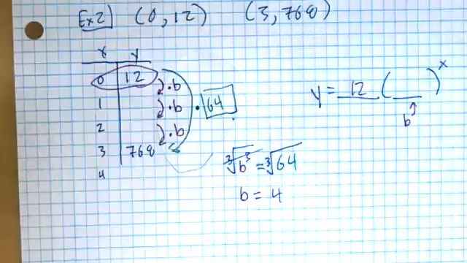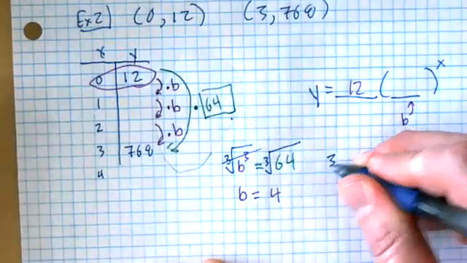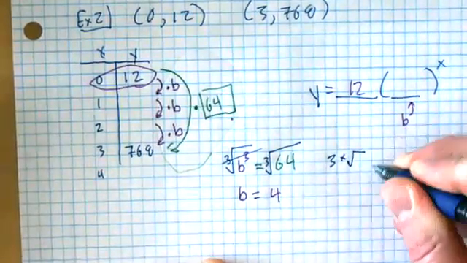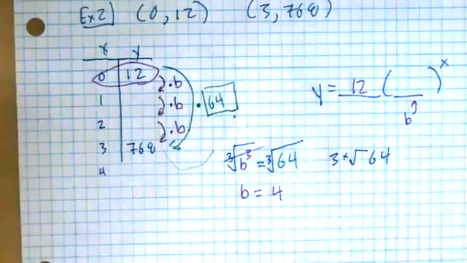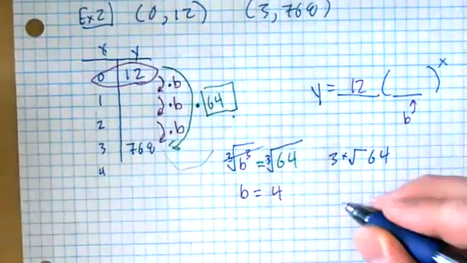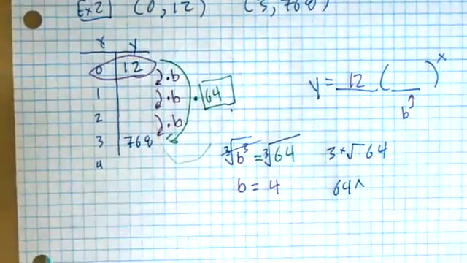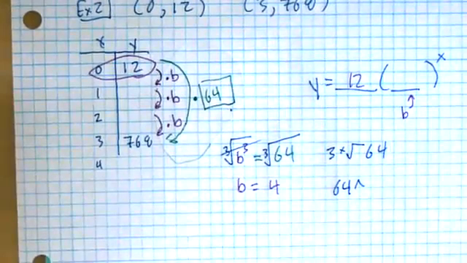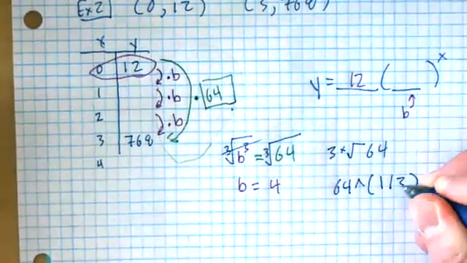I can show you another way you can type it in. One way to type it in is type in 3x root 64. There's another way that works also. If you type in 64 and then an exponent, do you know how to do exponents on yours? 64 and the exponent, and then in parentheses for the exponent, 1/3.